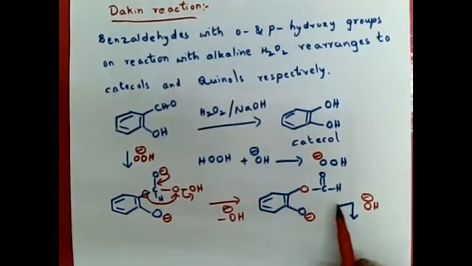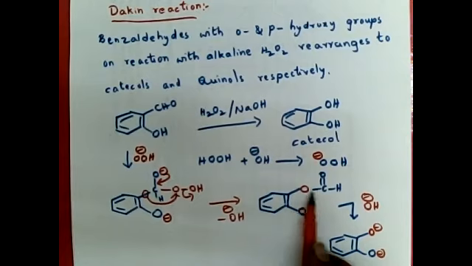So this is an ester. Ester can be hydrolyzed under basic conditions to alcohol and acid. So it becomes O minus and it becomes carboxylic acid. That means formic acid. So I'll write that.